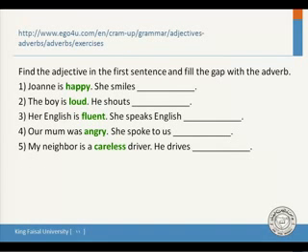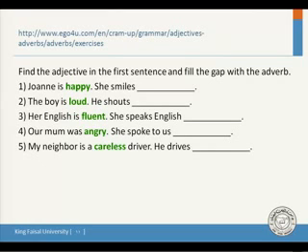Now, as you can see here, there is a web address, and there you can find an exercise, and these are sentences from the same web page. You need to find the adjective in the first sentence and fill the gap with the adverb. Look at number 1.